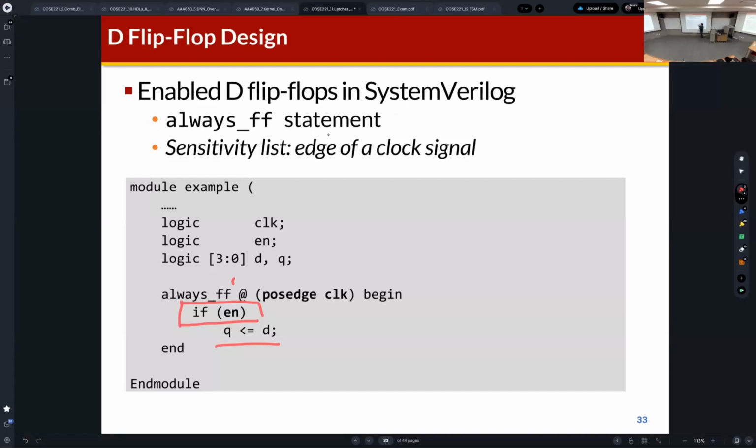At the rising edge of the clock, we check the enable signal. If enable is 1, then Q is equal to D. Otherwise, Q is just maintained. But this is not defined inside of the always statement. It's very simple, right?